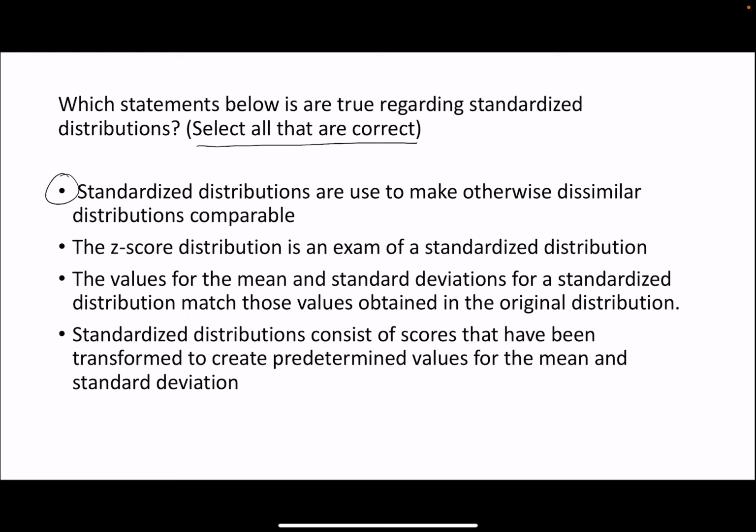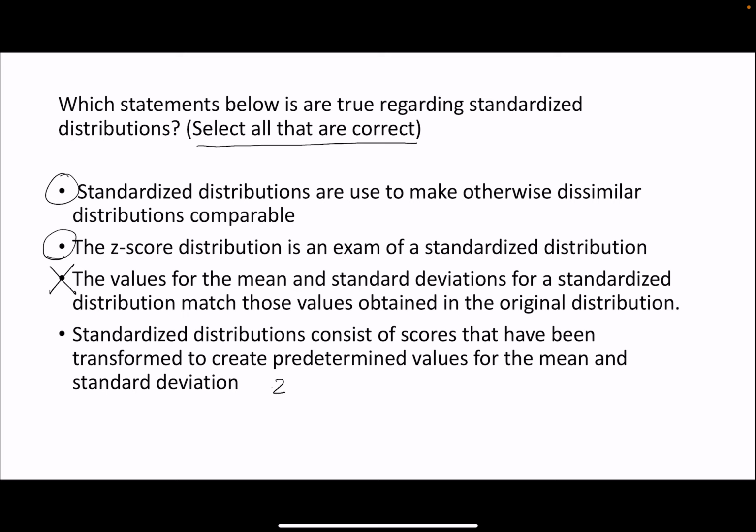It says the values for the mean and standard deviation for standardized distributions match those values obtained for the original distribution. That is not true. Standardized distributions consist of scores that have been transformed to create predetermined values for the mean and standard deviation.